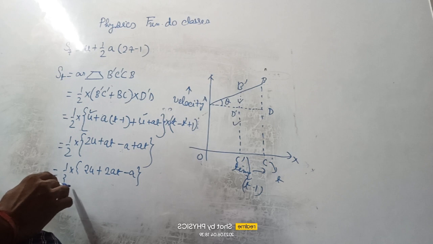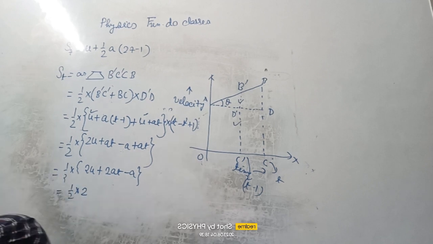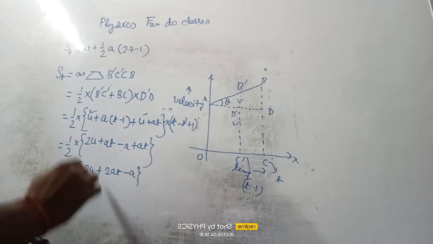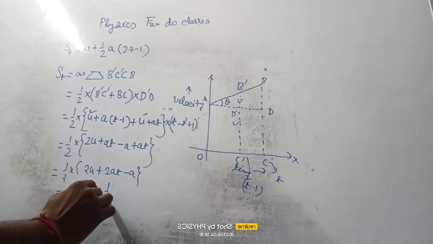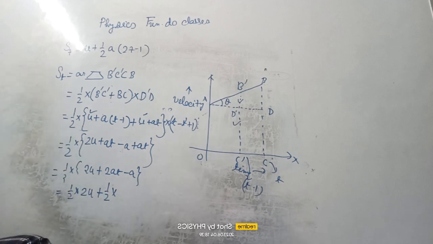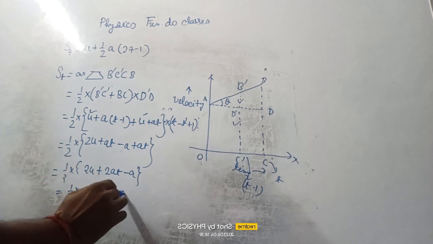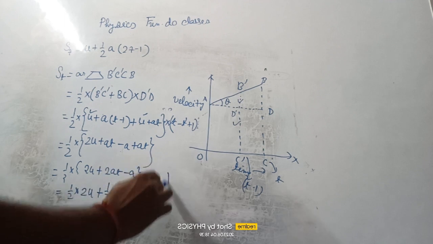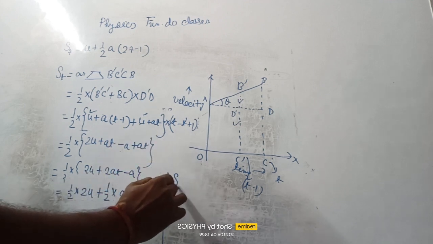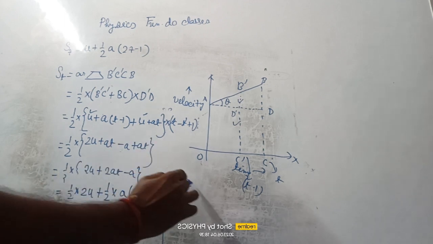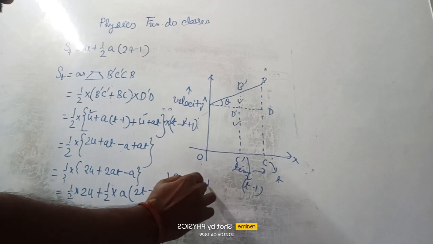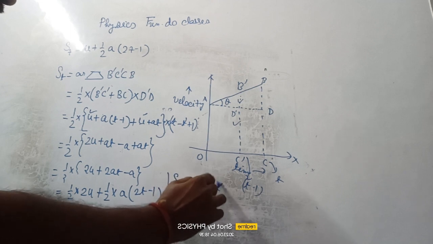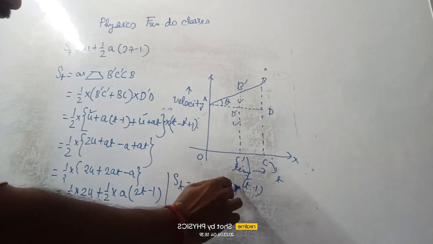That is half into 2u plus half into a common, 2t minus 1. That is, s_t is equal to, 2 cancels out, u plus half a into 2t minus 1.